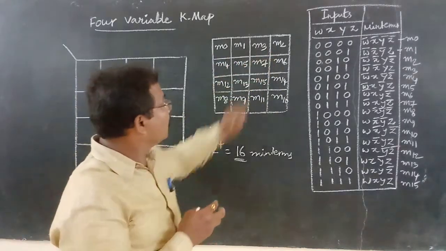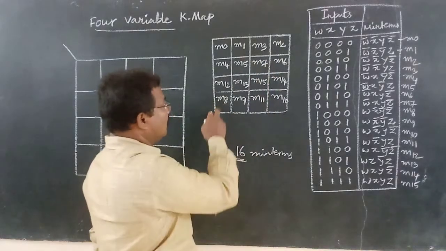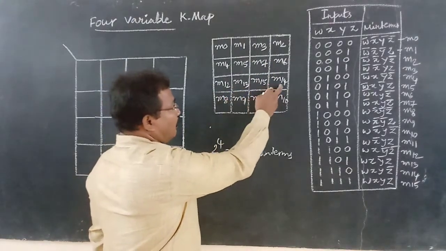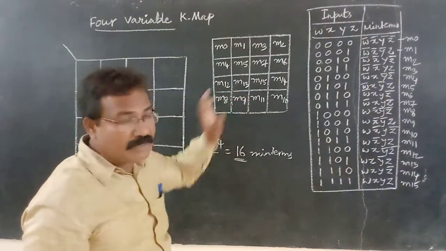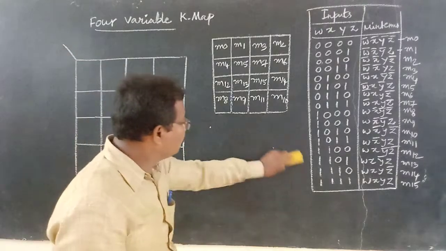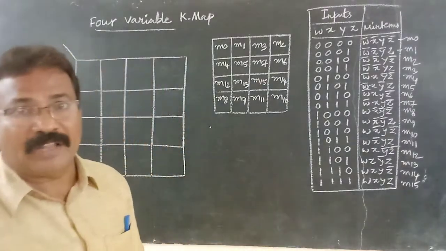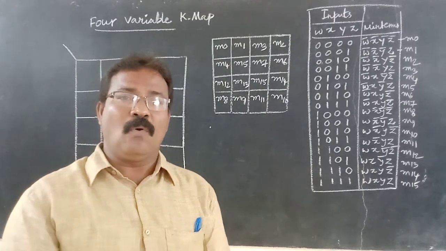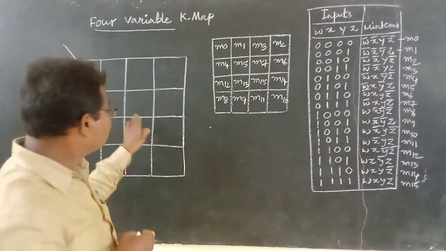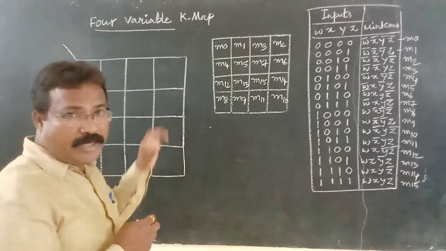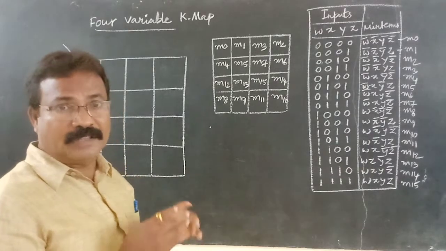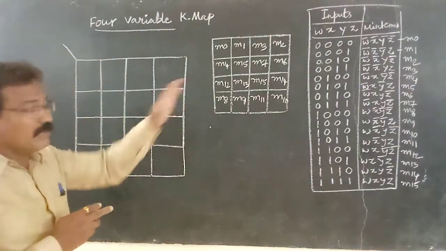This is the format representation of the four variable K-map. Now we are going to see the relation between the squares and the variables.